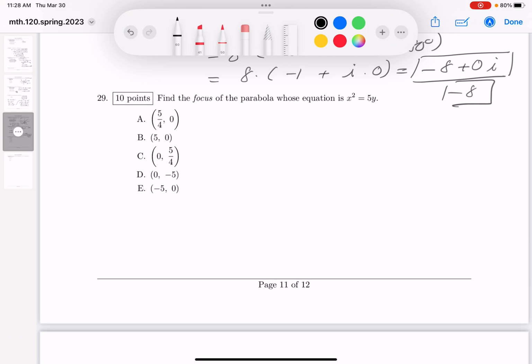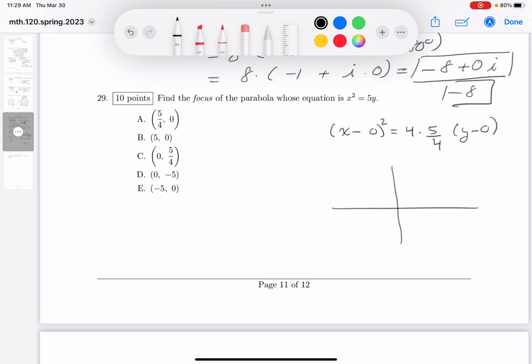Again, the focus of the parabola. And I'm going to write in standard form, by the way. So it's x minus 0 squared equals, oh boy, I got to do 4, right? So 4 times 5 quarters y minus 0. So I think you probably know I'm going to be drawing a picture.